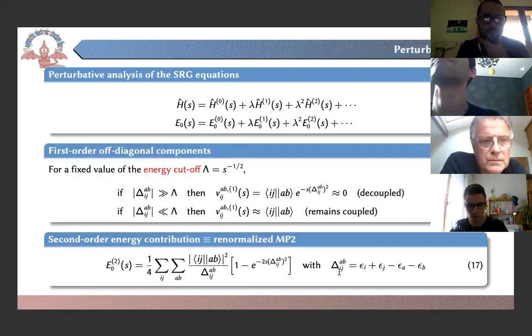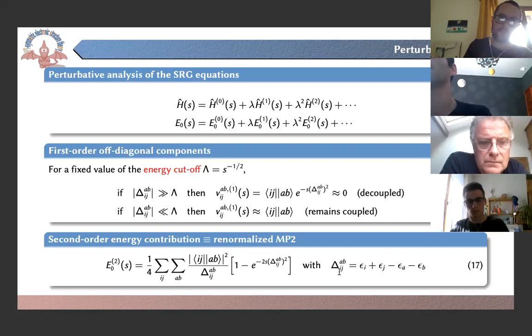So what is interesting to do is to do a perturbative analysis of the SRG theory. What you can do is expand all the energies and the Hamiltonians as a function of parameters, as usual, that correspond to scaling the 2 electron terms and so on.